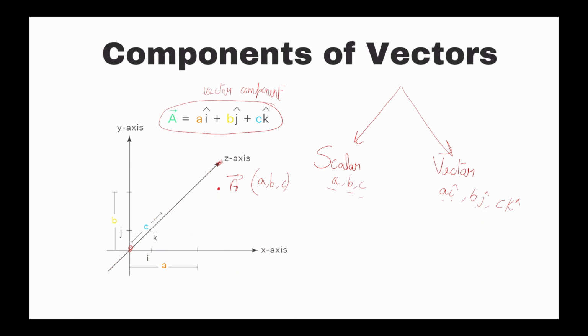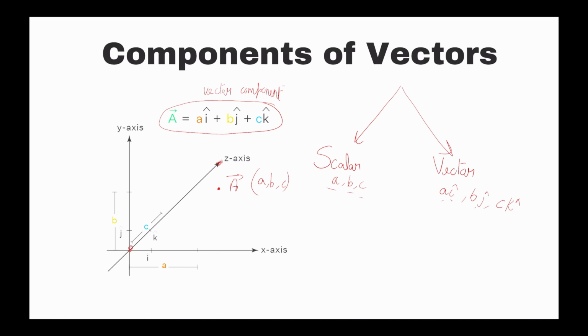And for vector, we include the direction as well. So we are talking about A i cap, B j cap, C k cap. So basically, it would represent the distance as well as the direction in which it is lying. So my vector component is nothing but A i cap plus B j cap plus C k cap. However, my scalar component is basically A, B, C.